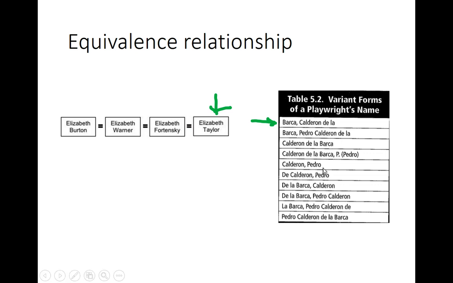Again, for this playwright, I don't know who he is, but a Spanish writer, there's going to be a preferred term for that, so that every time you describe a resource of this playwright or you show some relationship, you're always using the preferred term or the authorized term. Same way with Elizabeth Taylor. Say if you were reviewing one of her movies, or you in a digital library had photos of Elizabeth Taylor, you would use Elizabeth Taylor and not Elizabeth Burton, for example.